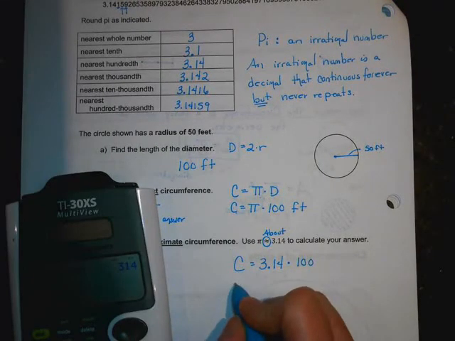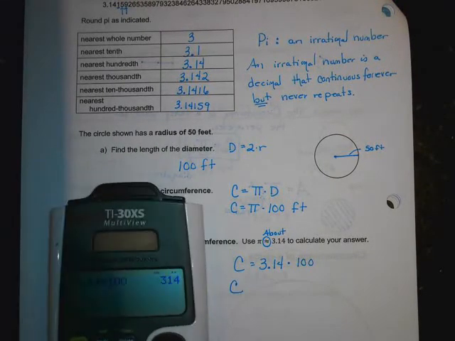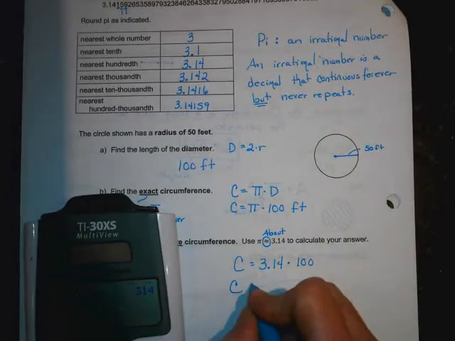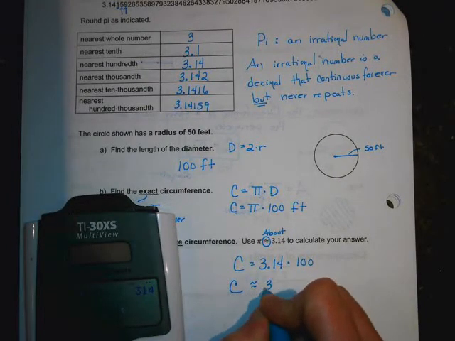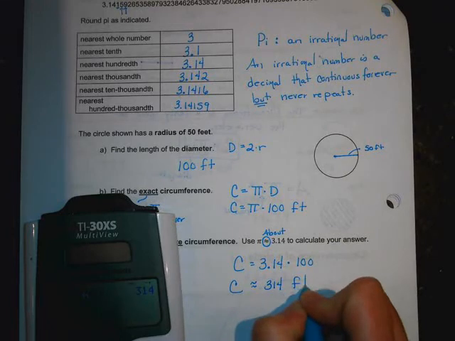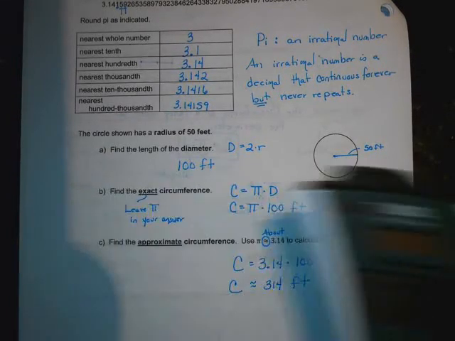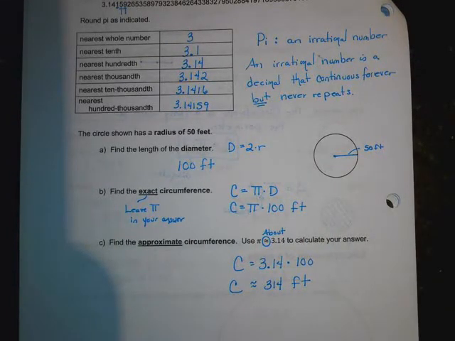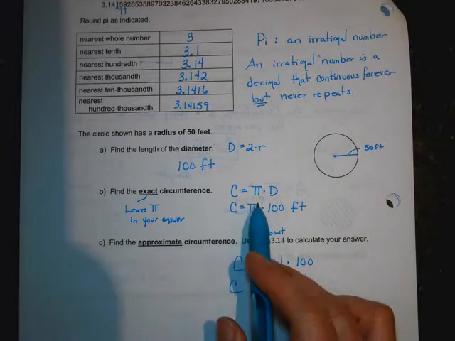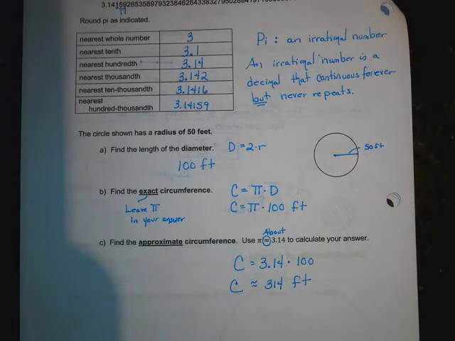So the circumference, I got 314 feet. So it's about 314 feet. You do not have to memorize these formulas. I will give you that the circumference is equal to pi times the diameter. Okay? So let's practice, but play with area.